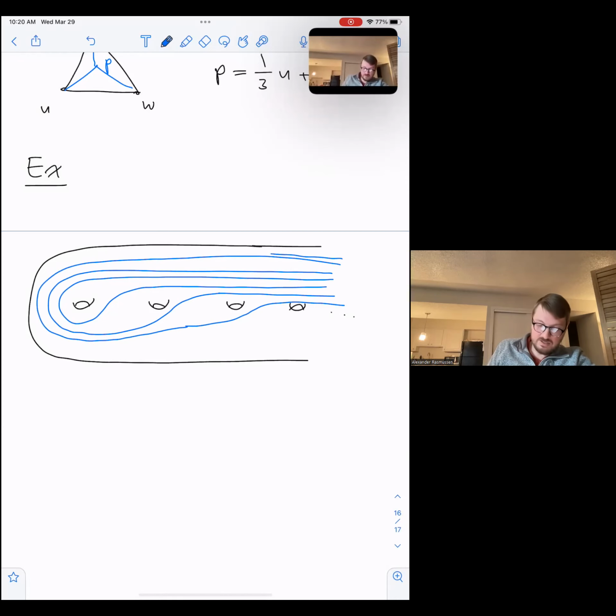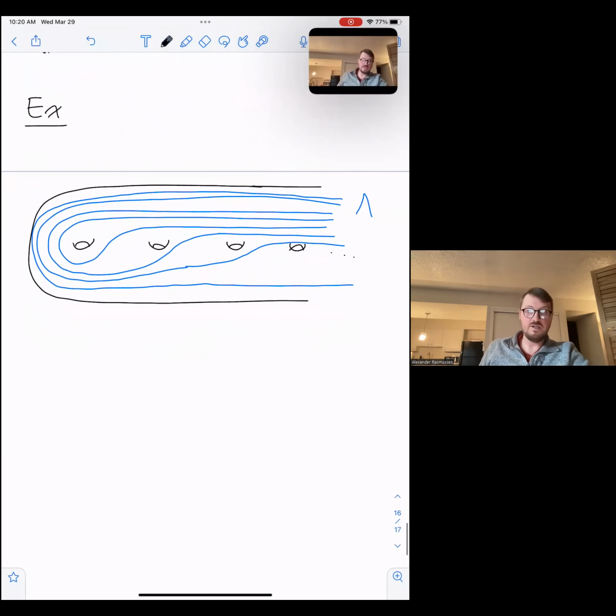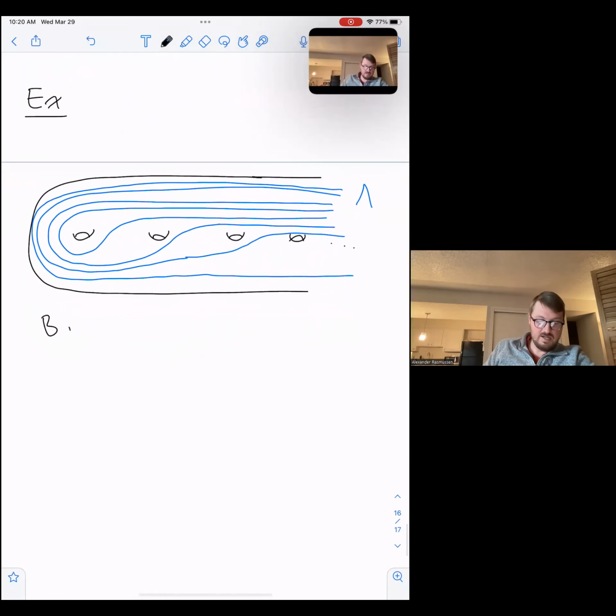And in the limit, there's a single leaf which just kind of wraps around all of the handles. Now, here's our geodesic lamination lambda. We could do a calculation to figure out a base. I just don't want to spend the time doing that at the moment.